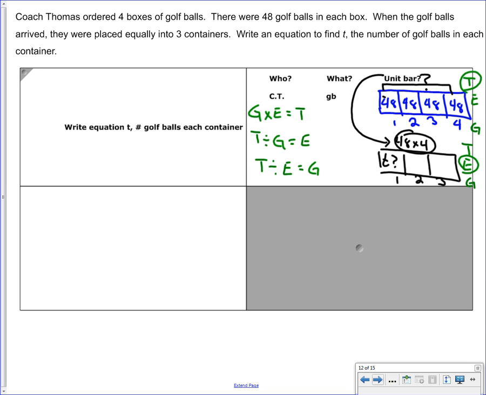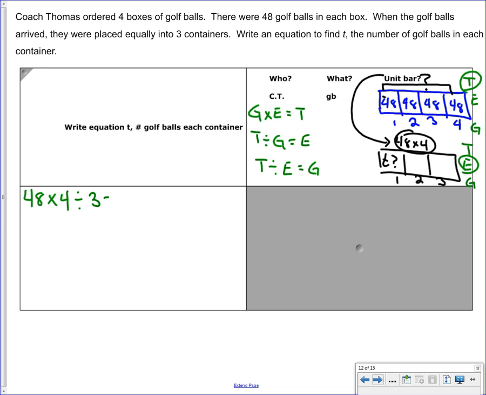So how in the world do we write this equation? Well, looking at our details section, we're first going to multiply. We're going to go ahead and write that down: 48 times 4. And then the second thing we're going to do is divide by 3.